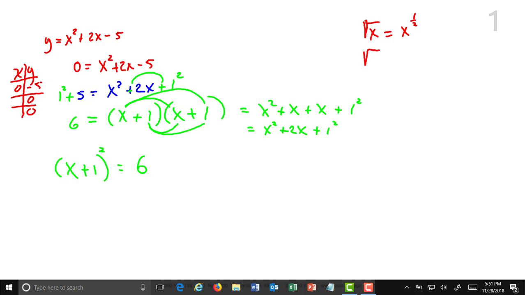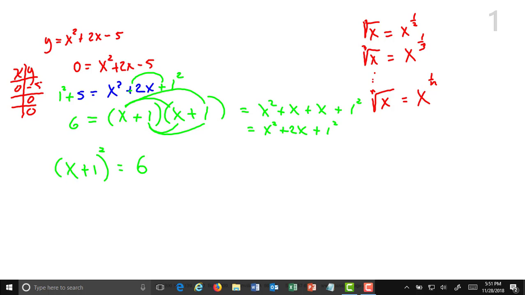So how about the cube root of x? That can be written as x raised to the 1/3 power. And so on, till you have the nth root of x, which is going to be equal to x to the 1 over n. Do you see that or not?